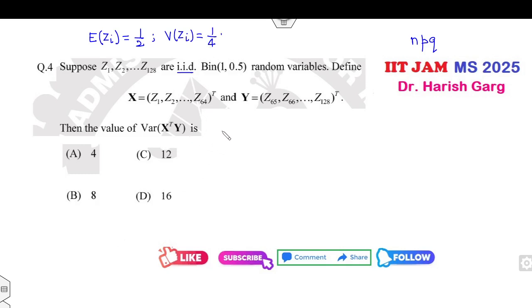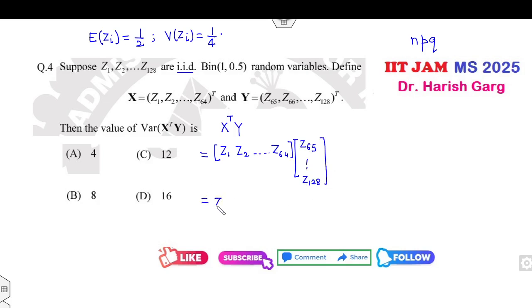Your target is to find the variance of x transpose into y. What is x transpose? So x transpose will be Z1, Z2 up to Z64 into y. Y is Z65 up to Z128. Fine.